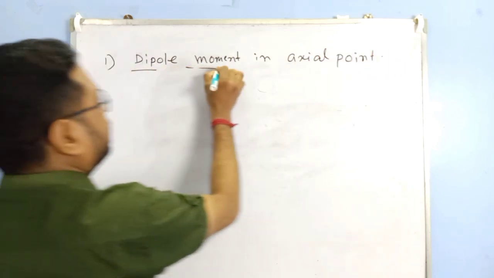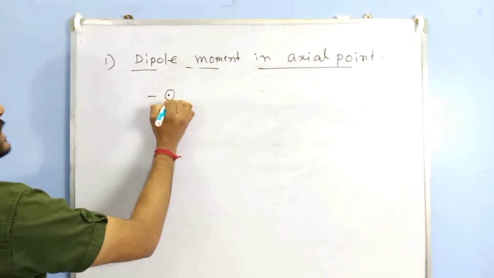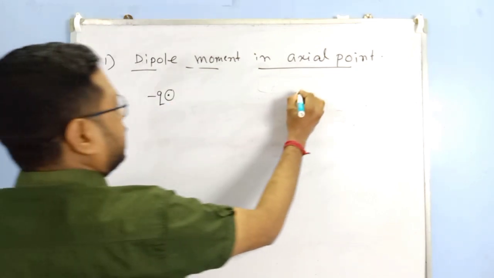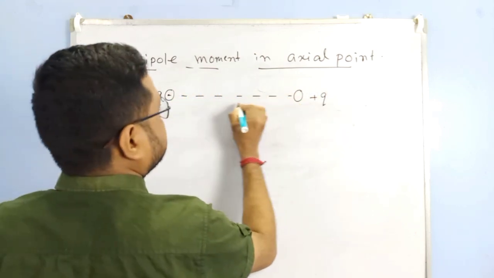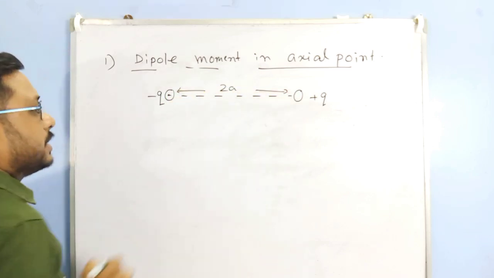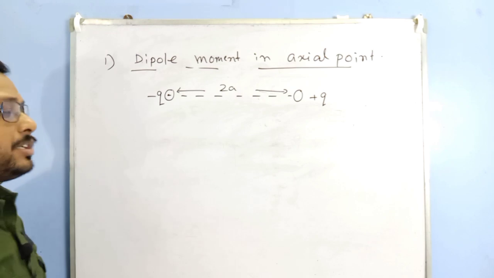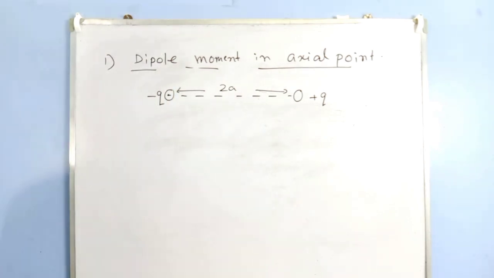Now what is an axial point? Suppose this is the minus q charge and the plus q charge separated by a distance 2a, and the direction of the dipole moment is from negative to positive charge, always negative to positive charge.